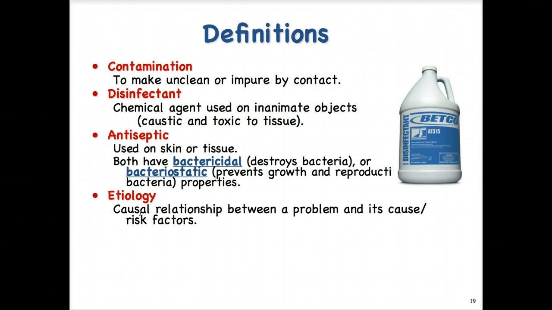And we have to understand the causal relationship between the problem and its cause. So if I have a patient that has pneumonia and they're coughing, I'm going to want to put a mask on them so there's a barrier between them and the healthcare workers or their family so that they don't spread the pneumonia.